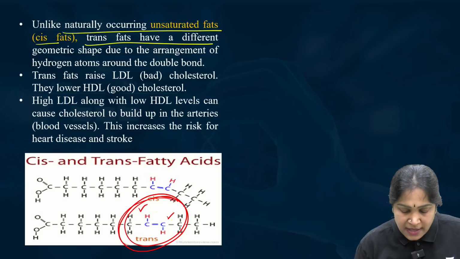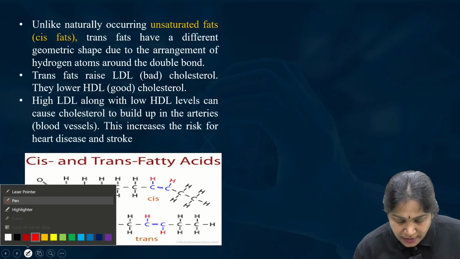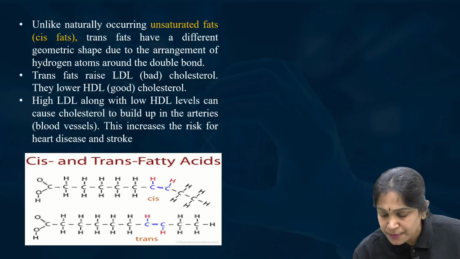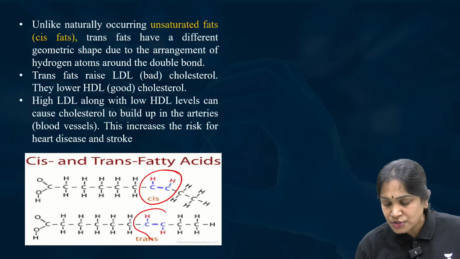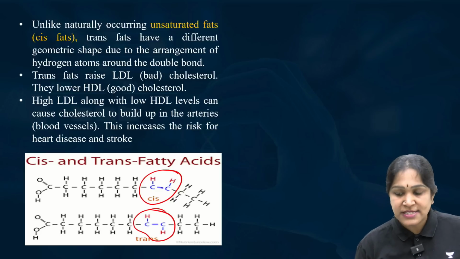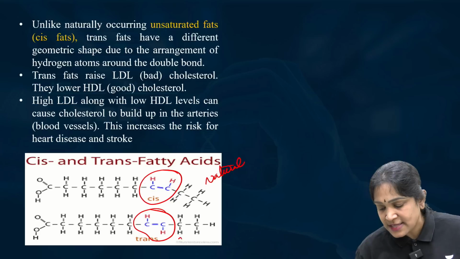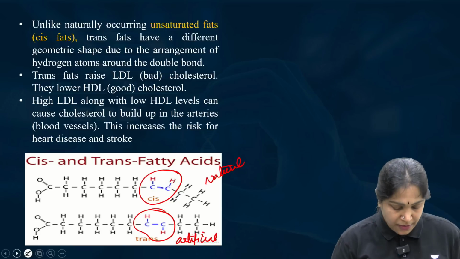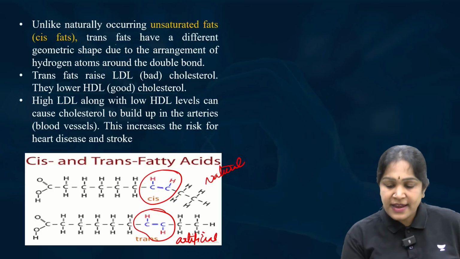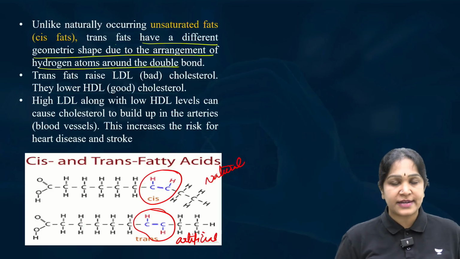The naturally occurring cis fats have a geometric shape like this, both hydrogens on one side of the carbon chain. This is the geometric shape of the trans fats. These are our natural fats, whereas these are the artificial fats made by a process called hydrogenation. These fats have a different geometric shape due to the arrangement of hydrogen atoms.